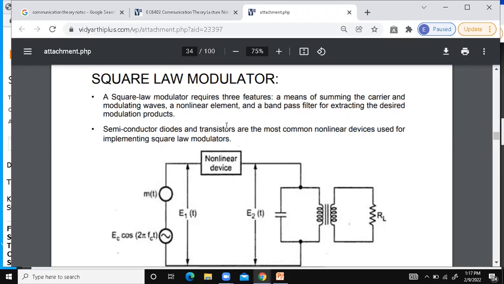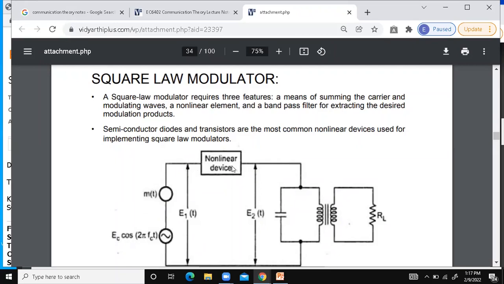So look at your picture. These are your two signals, your message signal and your carrier signal. This device will add these two together.